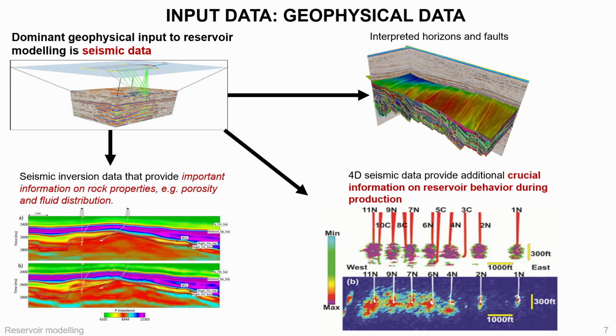Time-lapse seismic, if the field is mature, can even constrain flow behavior and compartmentalization. The key teaching point is that geophysics provides large-scale continuity and structure that wells alone cannot reveal.